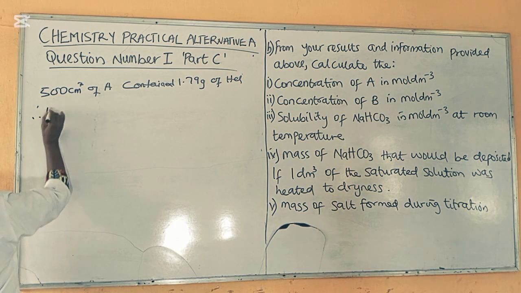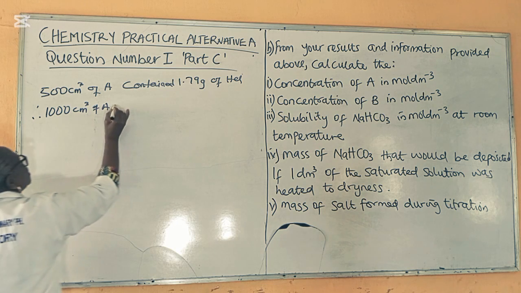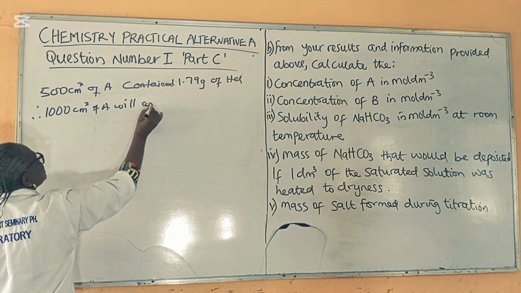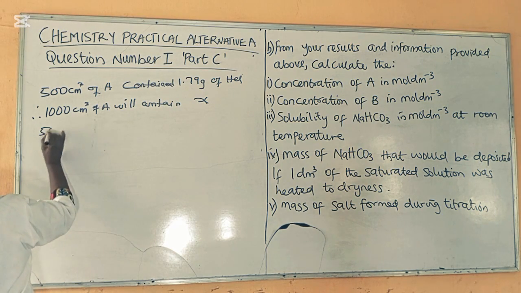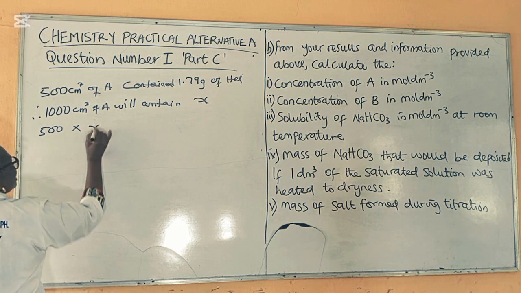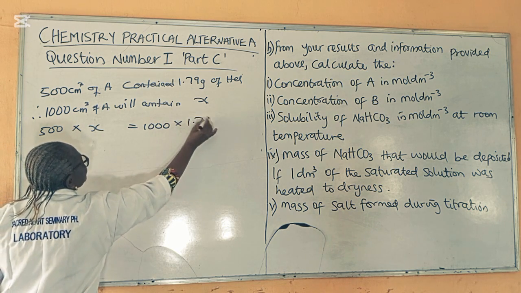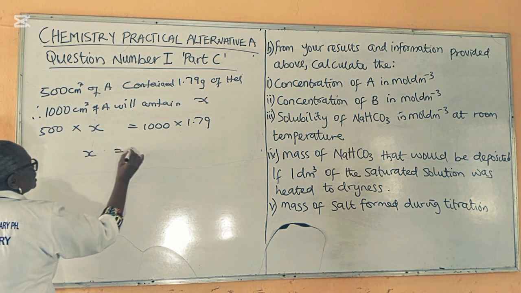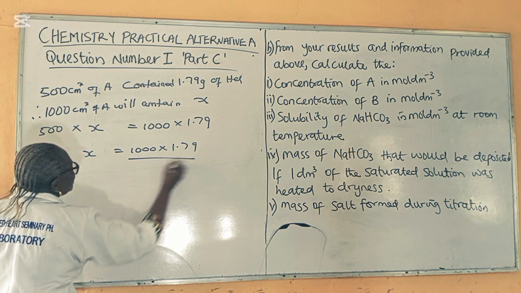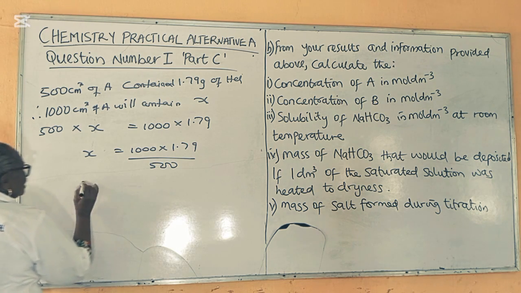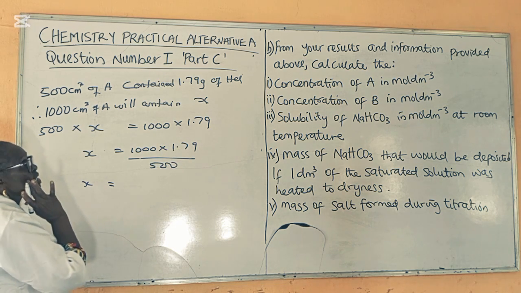Therefore, 1,000 cm³ of A will contain X. Cross multiply: 500 times X equals 1,000 times 1.79. Therefore, X is 1,000 times 1.79 divided by 500. Then what is X? Just like multiplying this by 2, and that will give you the answer.